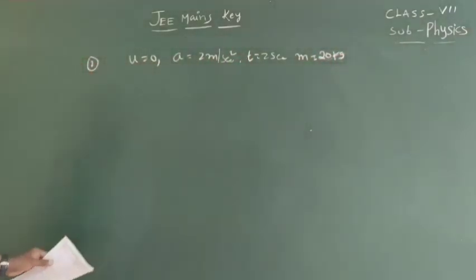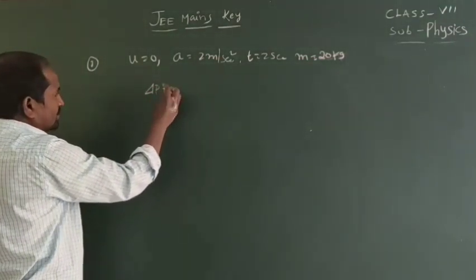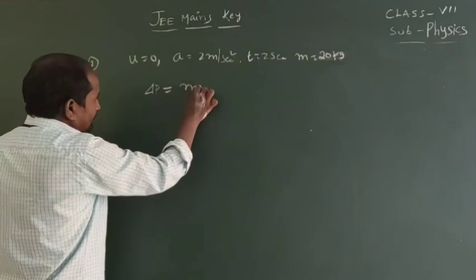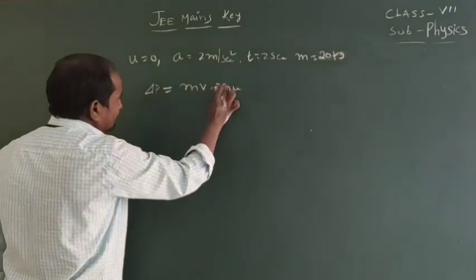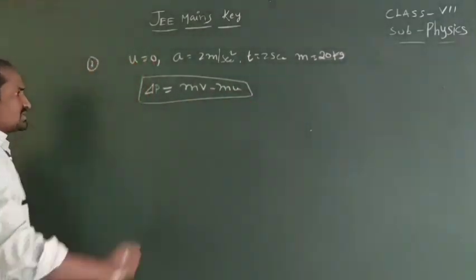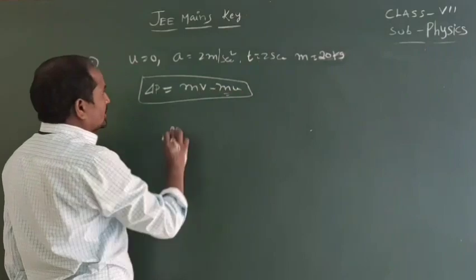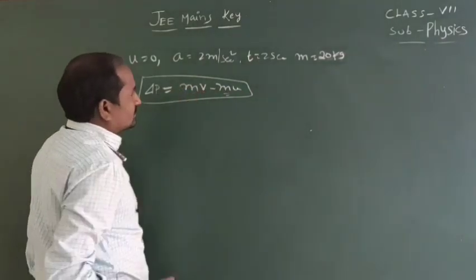Then find the change in momentum. Delta P equals how much? We know that delta P equals mv minus mu, final momentum minus initial momentum, that is the change in momentum. But initial velocity equals 0, so this term is equal to 0. Our aim is to find the final velocity.